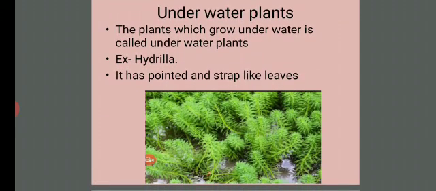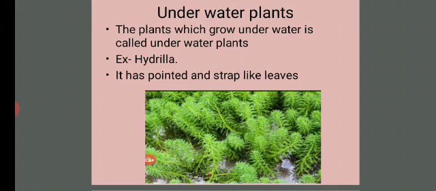The next topic is underwater plants. We have seen the water plants which are floating on the surface of the water and those which are fixed in position. Now the plants which are found below the water, inside the water.